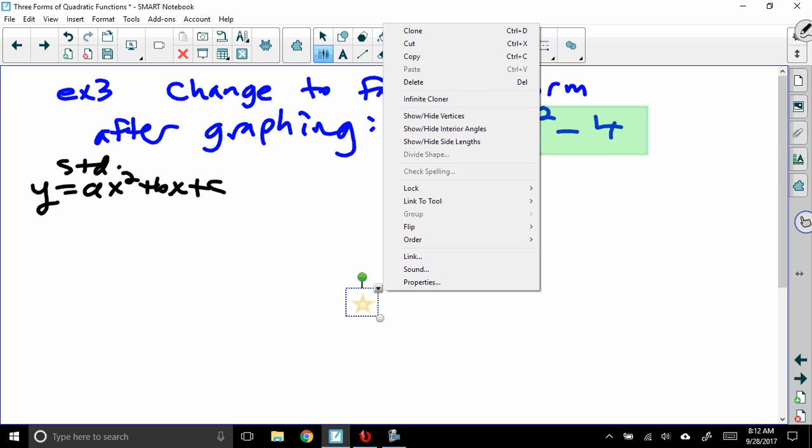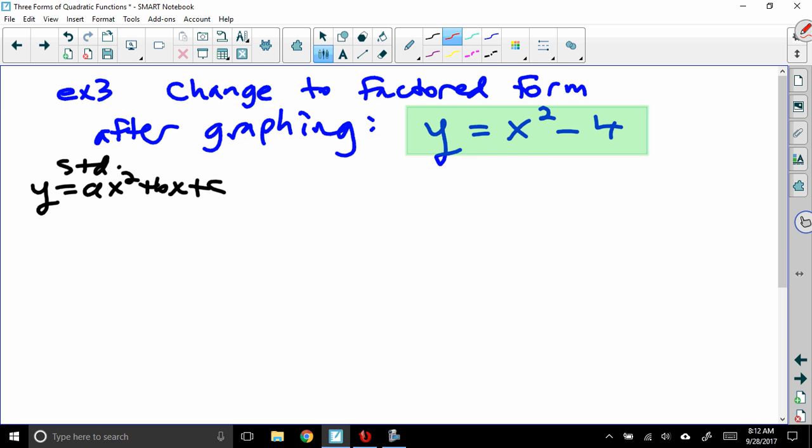Vertex form is y equals a times (x minus h) squared plus k. So we can tell what our a is, I think we could tell what our k is, but what's our h? Our h is 0, right?